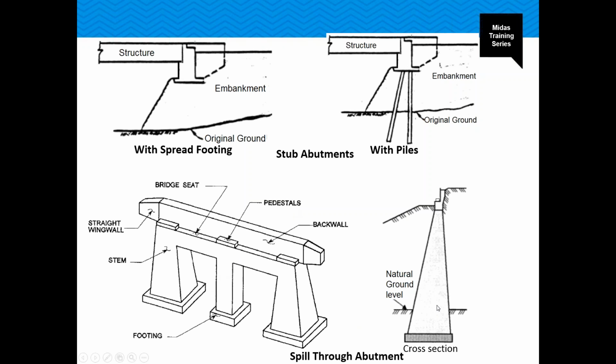They are very similar to, again, the cantilever type, but the stem is not a complete wall. So there'll be voids in between the stems, which will allow the lateral earth pressure to spill through the abutments. That's why the earth pressure will be very less compared to a full height closed abutment in this case.